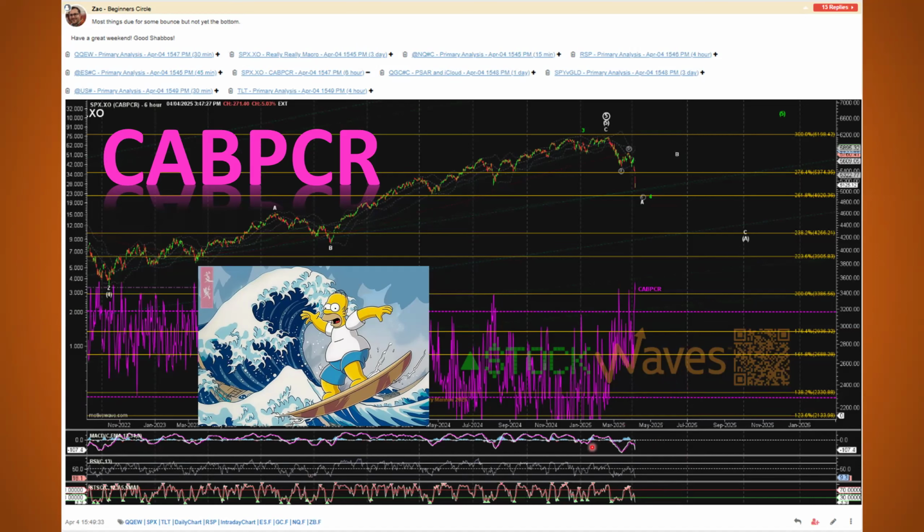A couple of things about it. With anything like this that functions like an oscillator, it's best to identify extreme regions for that oscillator and then treat it somewhat like a stochastics or a MACD or an RSI or something of the like.